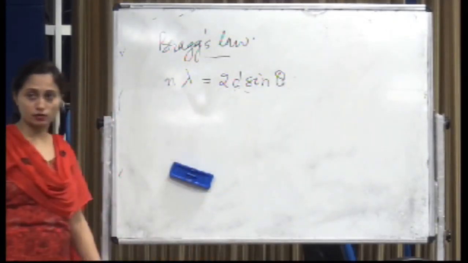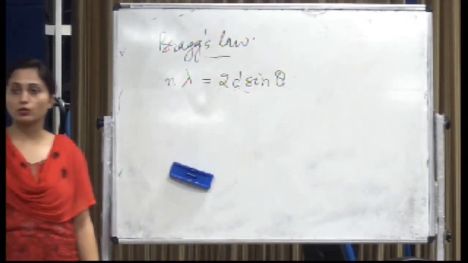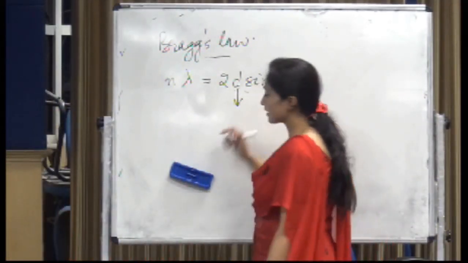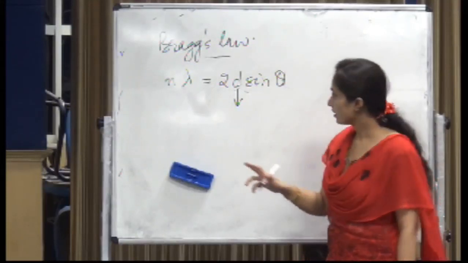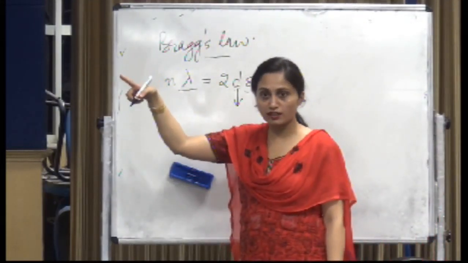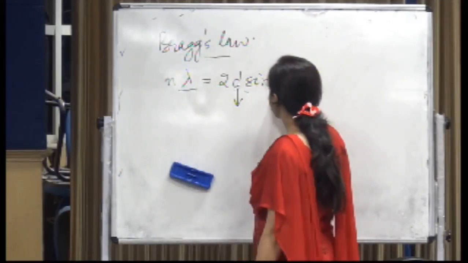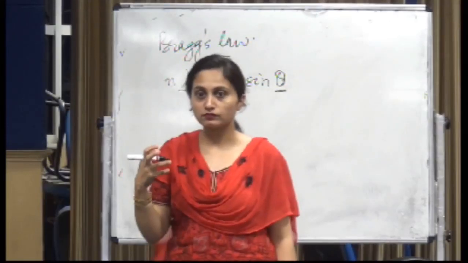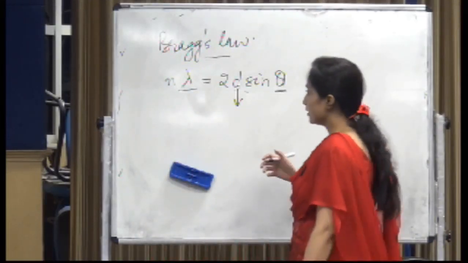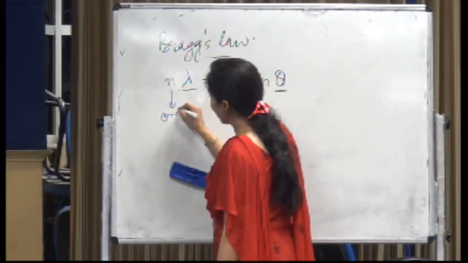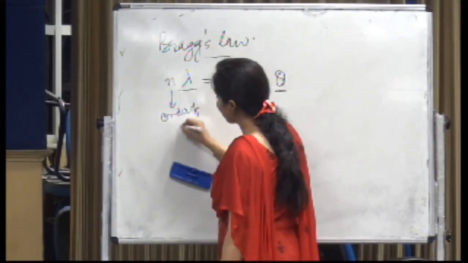Just learn the formula directly. n lambda is equal to 2d sin theta, where d is the distance between two planes, lambda is the wavelength of the incident radiation on your solid. Okay? Theta is the angle at which you are getting a reflection. So n is the order of reflection.